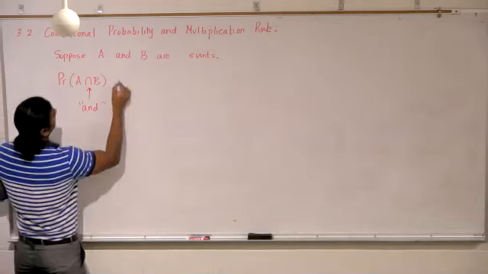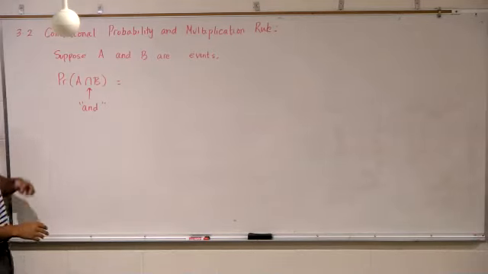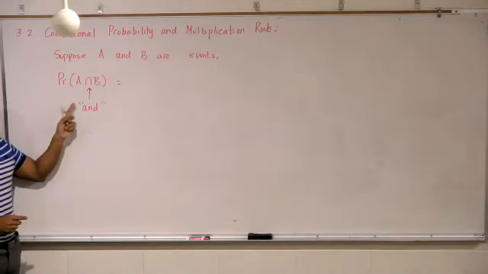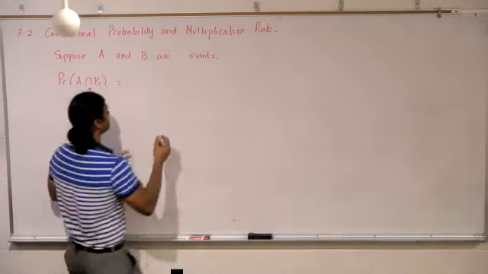Well, if B has nothing to do with A, or A has nothing to do with B, in other words, the occurrence of A does not change the probability of B, or vice versa, then we say A and B are independent of each other.